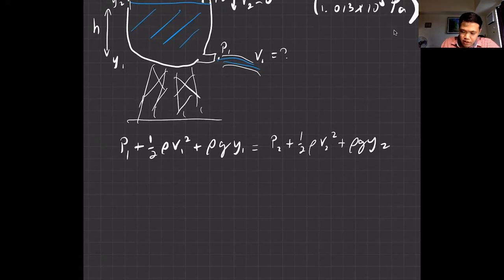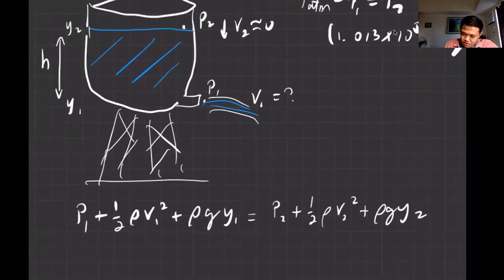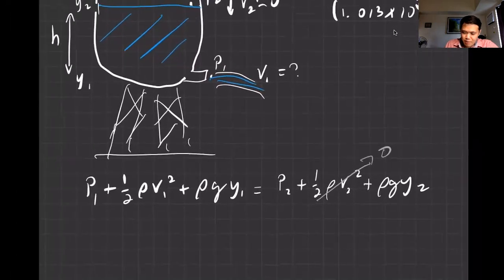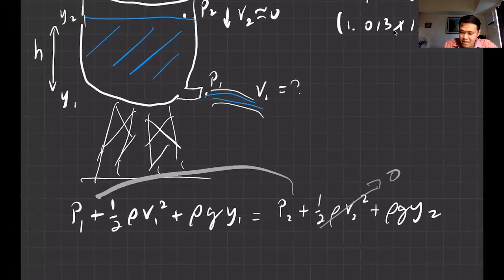Okay, so here the velocity 2 is almost at rest, so we can cancel that out. So this is 0. Okay, you follow? And the pressures are the same, so if you transfer one to the other, they will just cancel out.